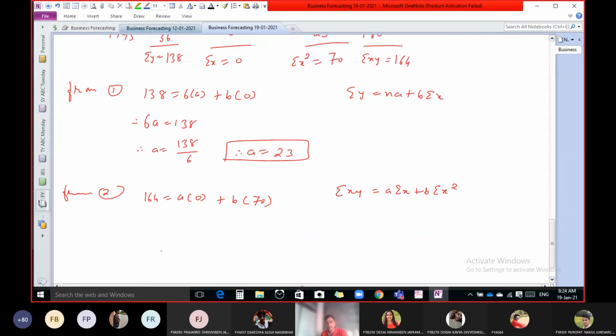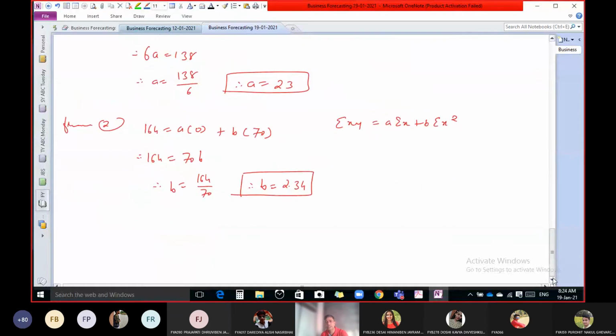So 164 equals 70 times B. So B equals 164 divided by 70, which is 2.34. Sorry, that should be B, you are right. So the value of B is 2.34 and A is 23.